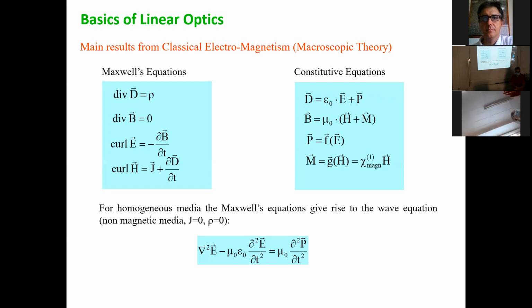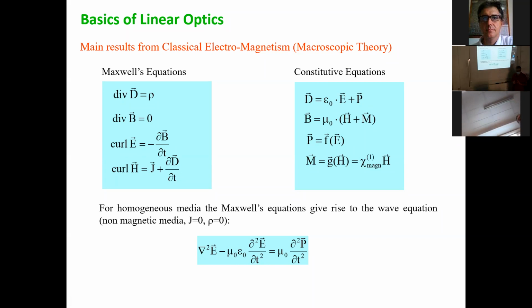So you have a wave that is exciting the medium, and the medium is generating a wave that is exciting the medium. It is a continuous interplay between the wave and the medium. And it is written here. The equation is driven by the polarization that the field itself is inducing in the medium.